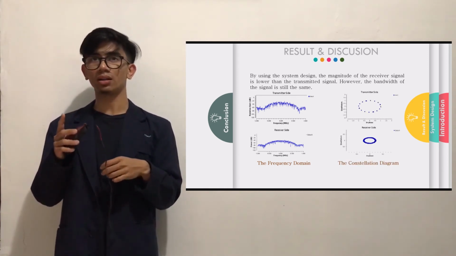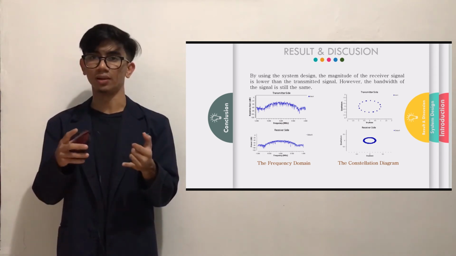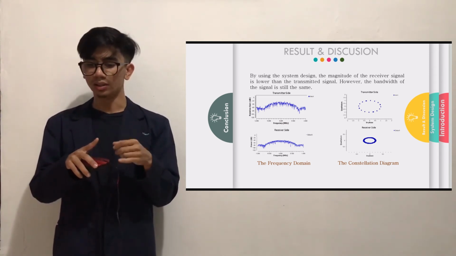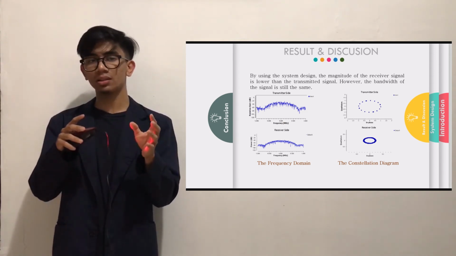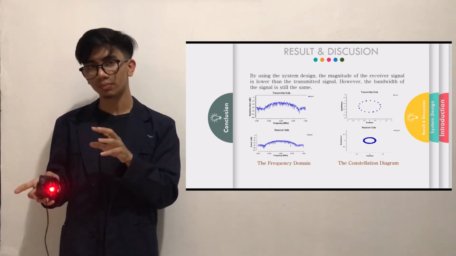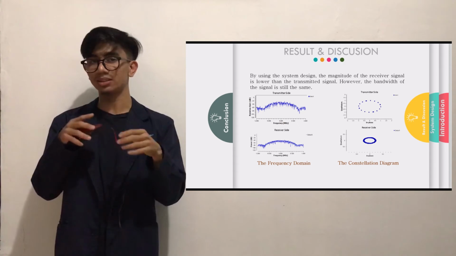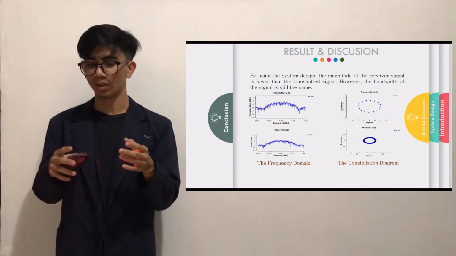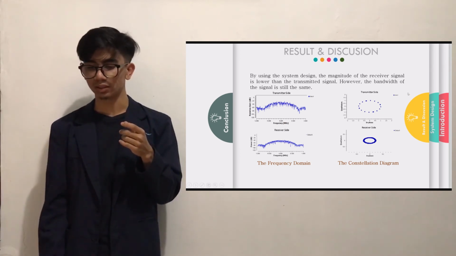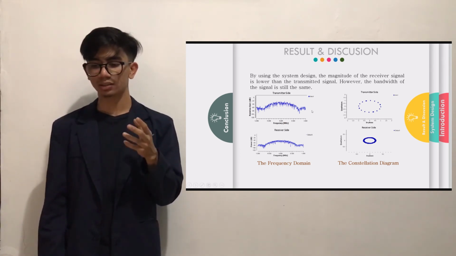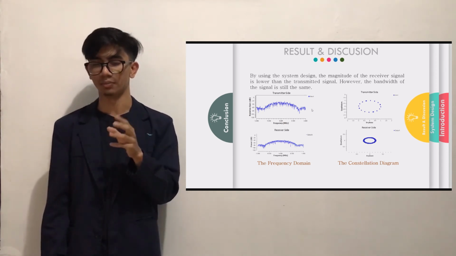After testing and trialing this project, we found that the receiver signal is lower than the transmitter signal, but the bandwidth of the signal is the same. Here we can see the transfer side, the frequency domain and the constellation diagram.